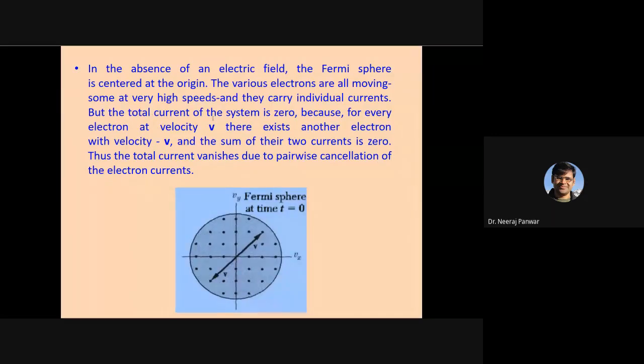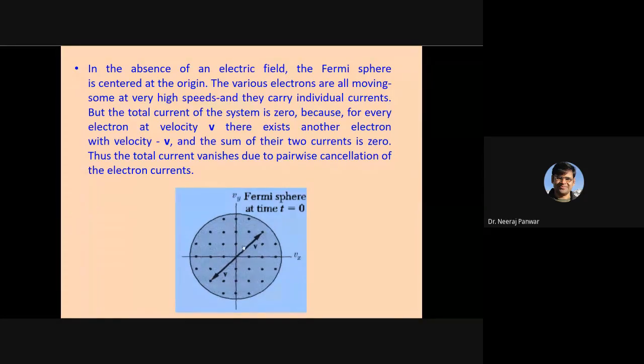But the total current of the system is zero, because if you consider an electron present here, it is moving in this direction with speed v, and corresponding to this wave number, we have another electron present at the same k number but with the minus k value. Therefore, this electron is moving in this direction with speed v, and the other electron is moving in the opposite direction with the same speed v.